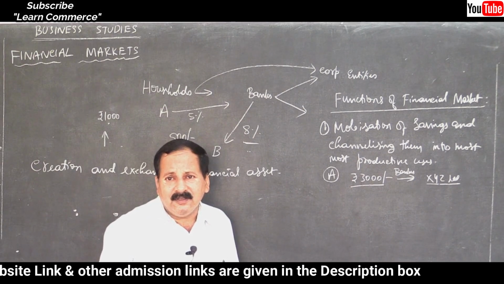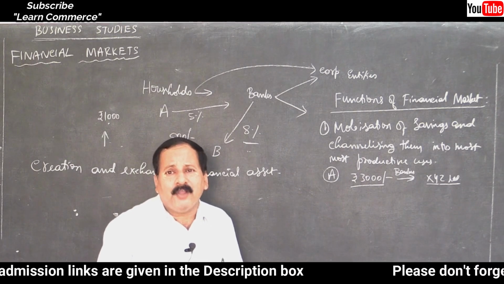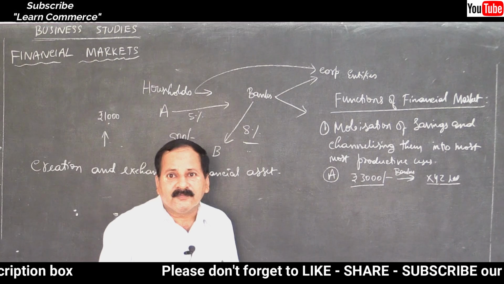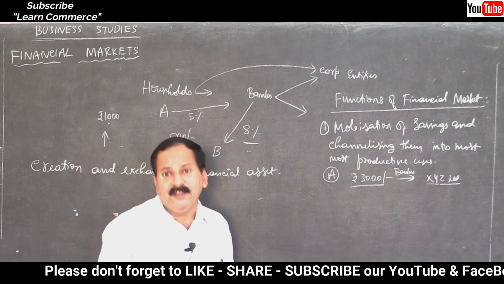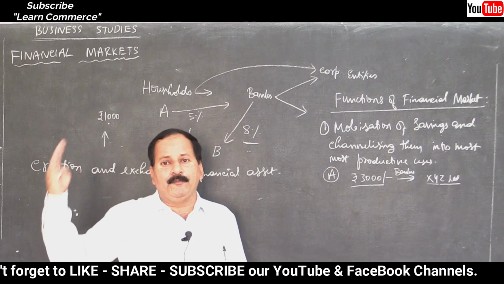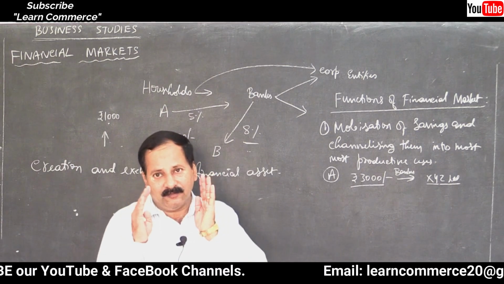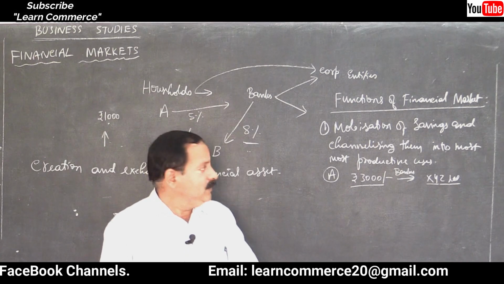Productivity is in the sense whatever you have invested, a reasonable amount of return must come. That is productive. If you invest 1 crore and if you get 80 lakh after 1 year, isn't it? Do you think it is productive activity? You are paying from your pocket, friends. You are losing your money. It is not a productive one. Productive in the sense there must be a reasonable amount of profit or reasonable amount of return on the investment made. That is what I stress. Clear?